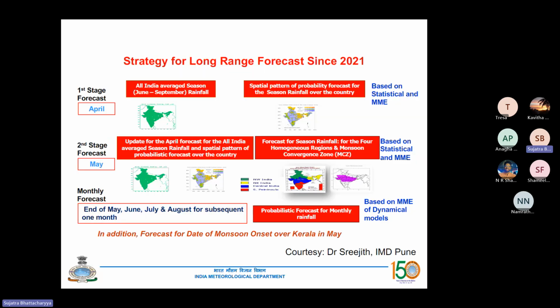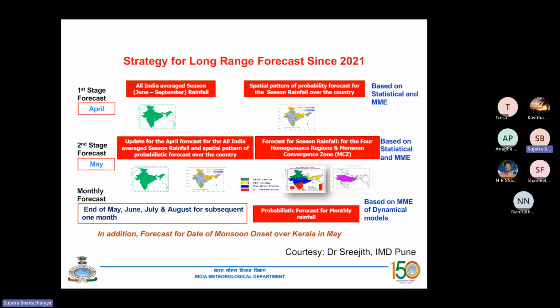Just before going to my results, you may all be familiar, but I wanted to tell you, this is a slide I got from Dr. Srijit from IMD Pune. This is the strategy they follow for releasing the seasonal forecast. As you know, there is a two-step process.